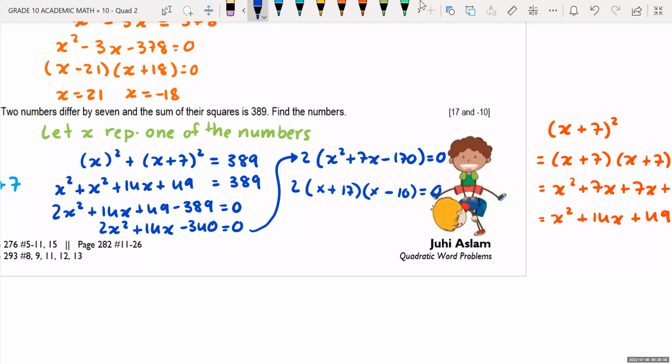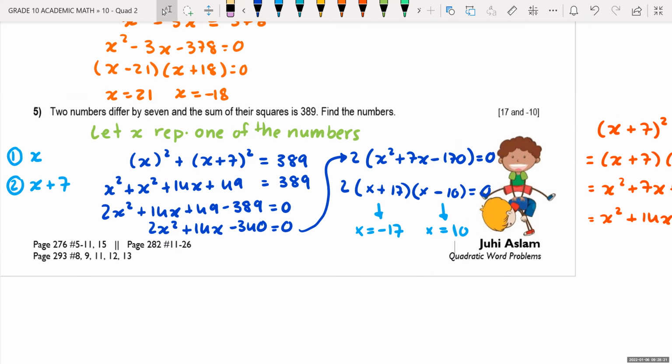I'm just double checking all my work. Yeah, that works. So now let's figure out what the rest of this is going to look like. When I solve this, it's going to be x is equal to negative 17. And when I solve this, it's going to be x is equal to 10. Those are my first numbers, my x's.